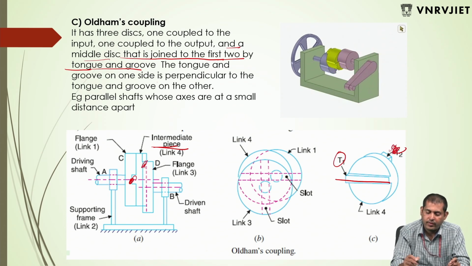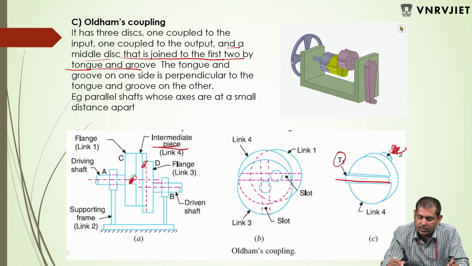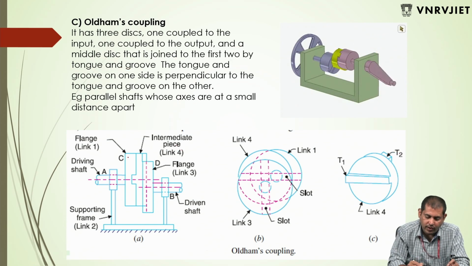When it is under rotation, see what exactly is happening on this disc. Let us consider flange 1 and the intermediate link, which are in sliding motion.